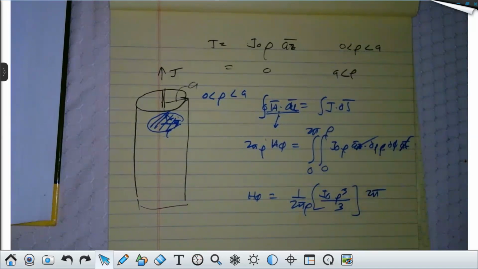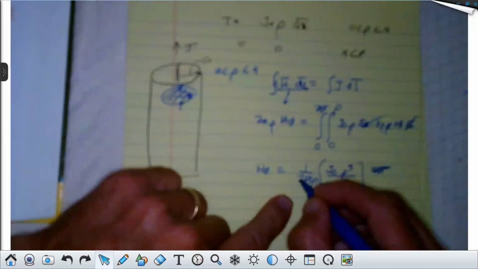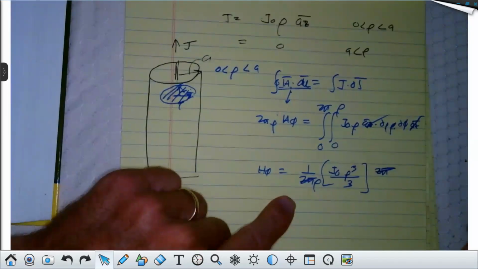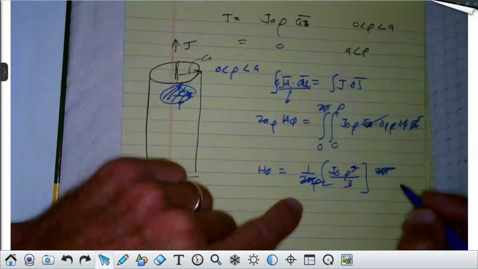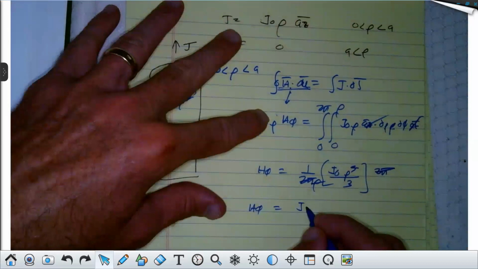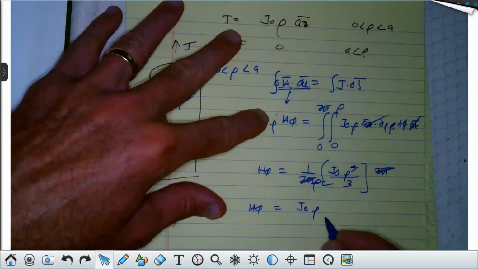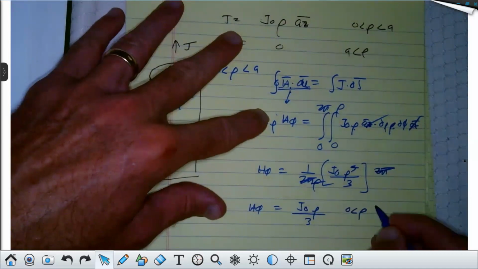Okay. Now, you see the 2 pi cancels, and one of the rhos cancels. So I can say my H phi is equal to J naught rho over 3 for rho greater than 0, less than a.